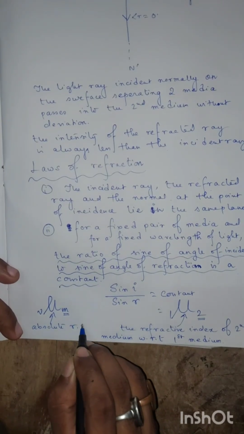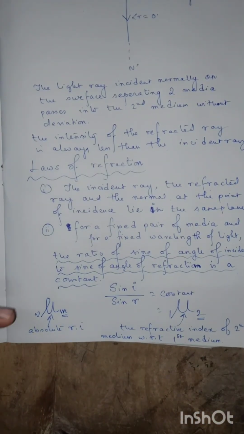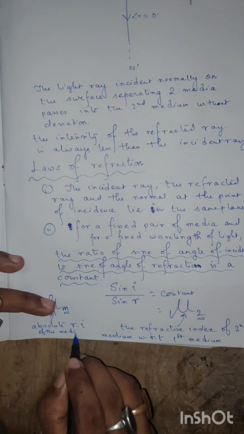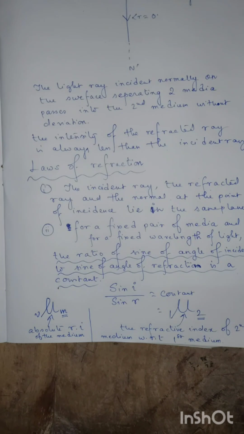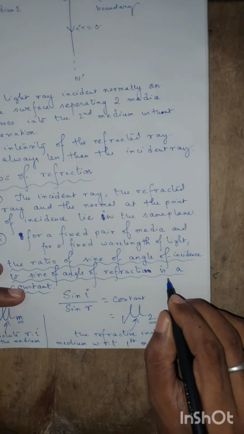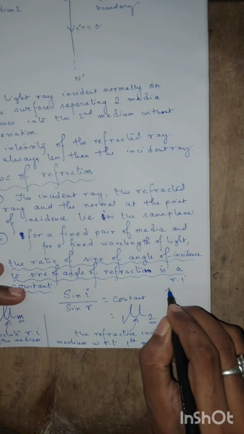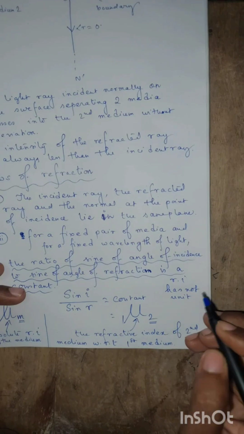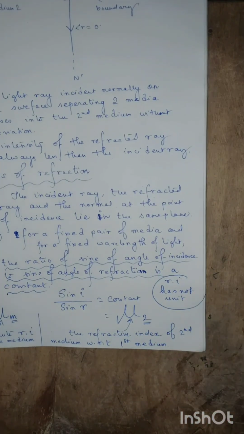Absolute refractive index of the medium. Refractive index has no unit. Okay, refractive index has no unit. This is a ratio of two similar quantities.